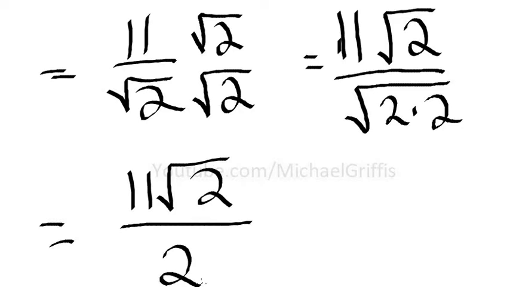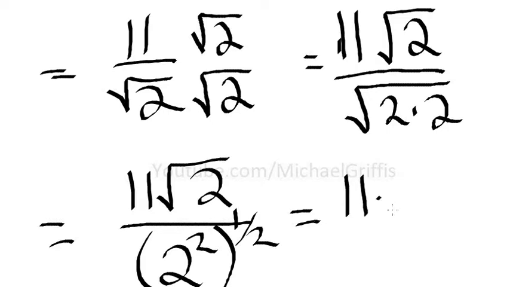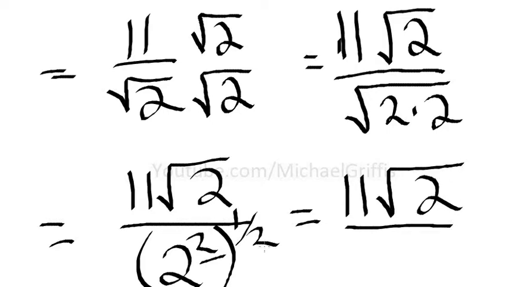Remember, if we wrote it in exponential form, this would be 2 to the half, squared. But we multiply the exponents. 2 times a half is 1, so we're just left with 2. Okay. 11 times the square root of 2 over 2.